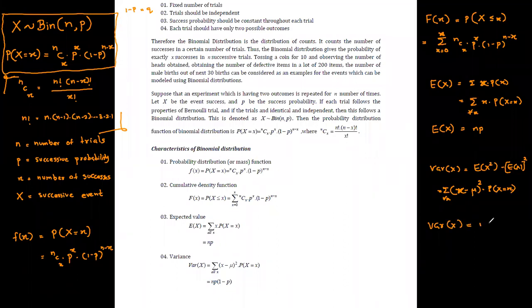The calculation gives n times p times (1 minus p). Sometimes you can see this as n times p times q, where q is written instead of 1 minus p.